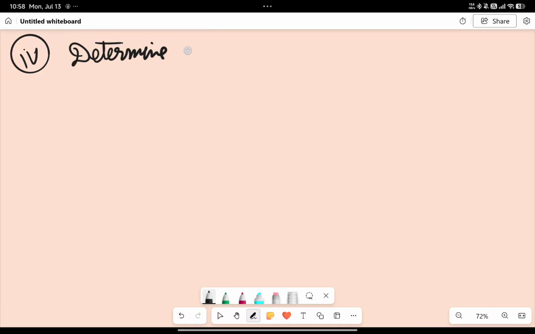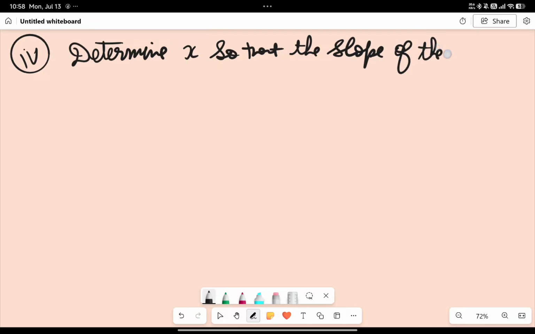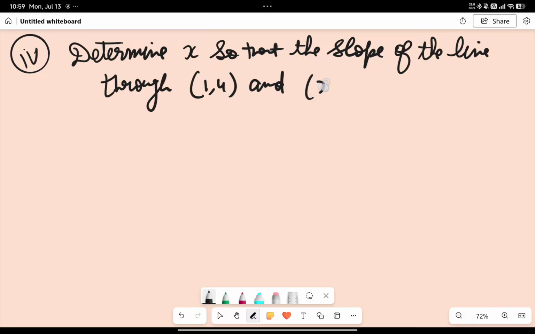Determine x so that the slope of the line through 1 comma 4 and x comma 2 is 2.